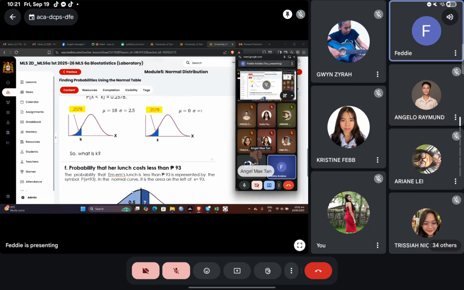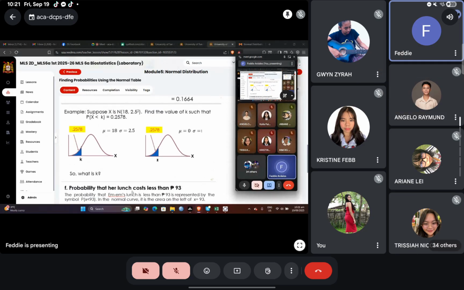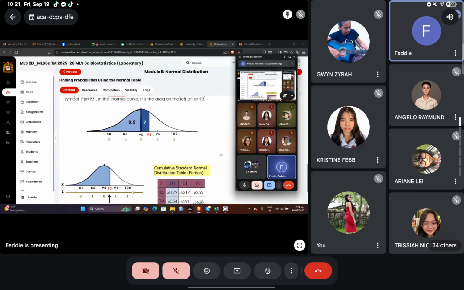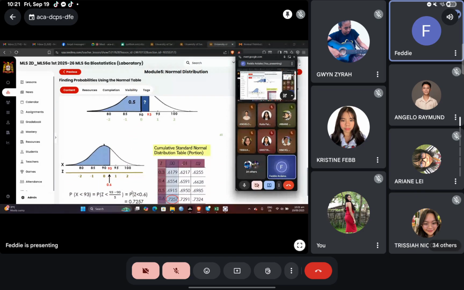Now, going back to the previous example: what is the probability that her land's cost is less than 93? Of course, we have to convert this into a z-score.